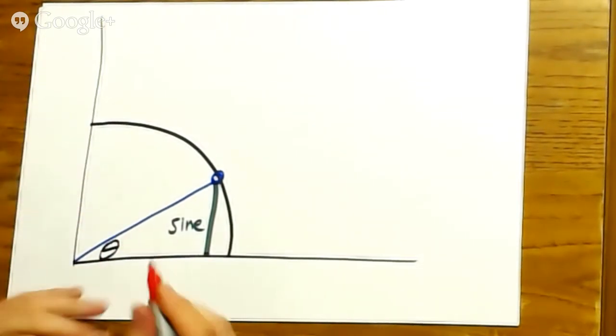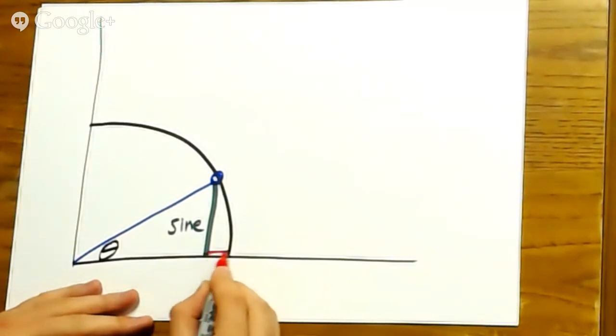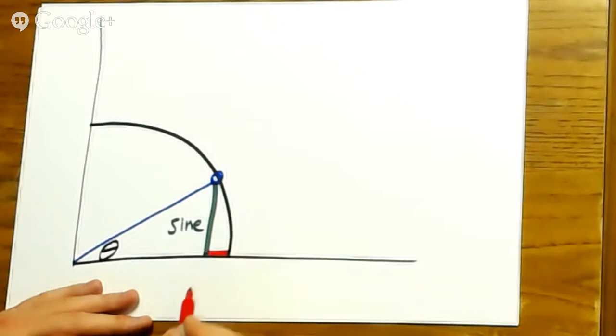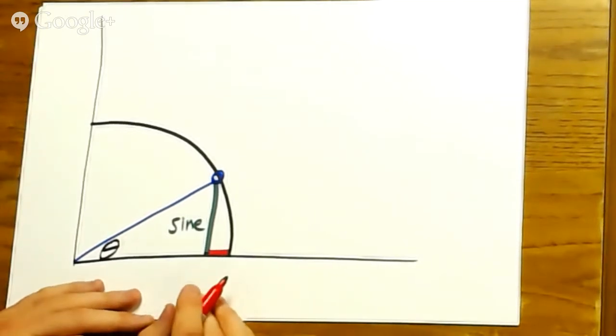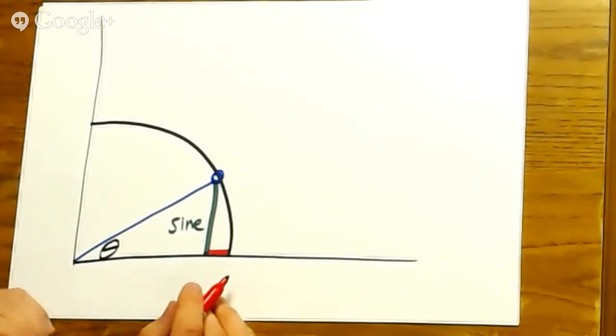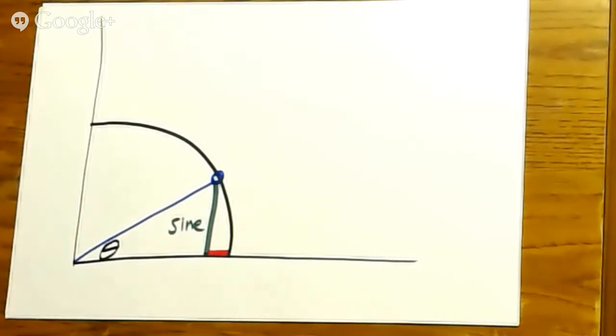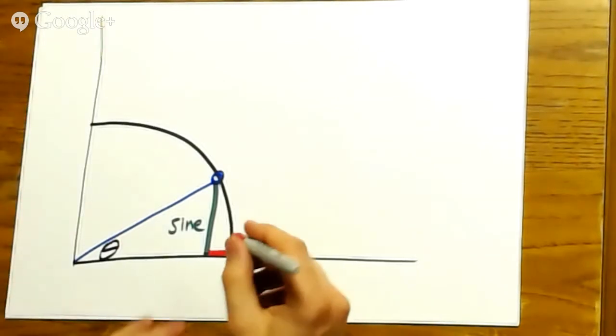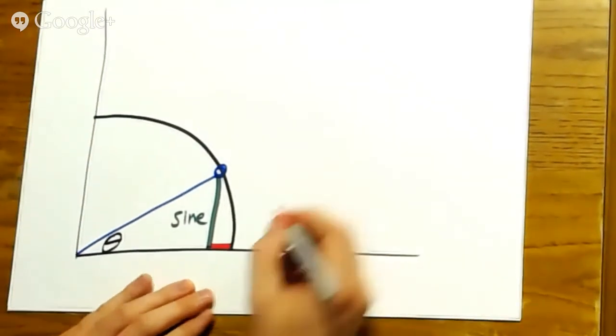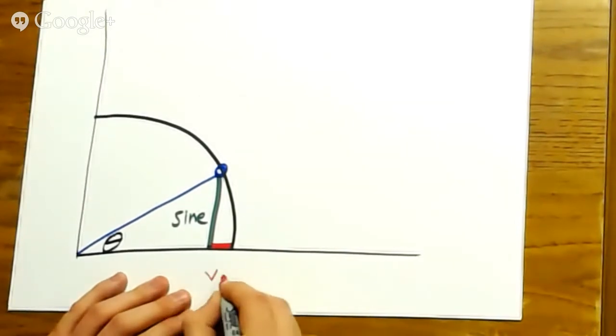He does have this length, though. This red length. Does anybody know what that's called? Nobody uses this anymore. But Kepler uses it a lot. Okay. This thing's called the versed sine.